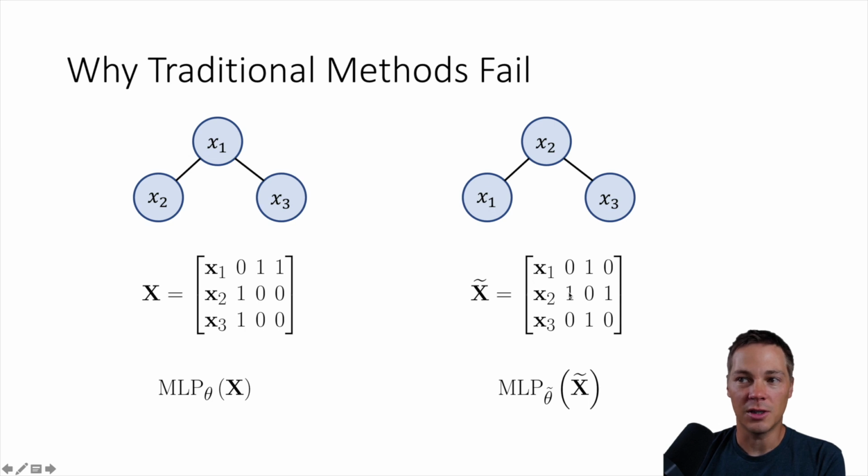So not just did our rows get shuffled up, but our columns did as well. And if we were to fit an MLP to this setup, we'd have a different set of parameters that would not match the first one. And if we plugged this data into this model, we wouldn't get sensical answers. So this is the essence of our problem here, where our adjacency matrix will shuffle around both the rows and the columns if we start reordering things, and our models will break.